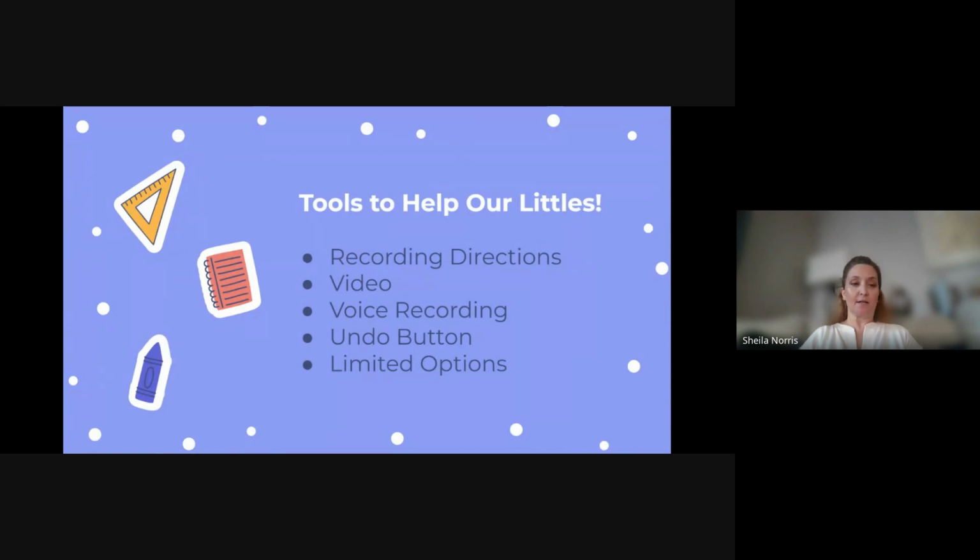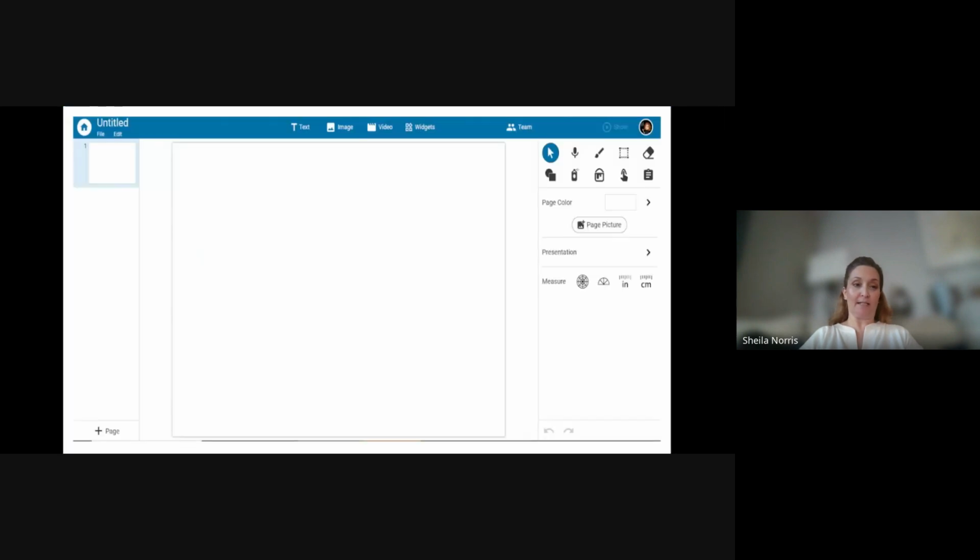And some of the things I do to support them is recording directions, letting them use the video to record their thinking, using the voice recording so that they can record their thinking, the undo button, teaching them about that undo button, and then limiting the options that they have when they open up Wixie.